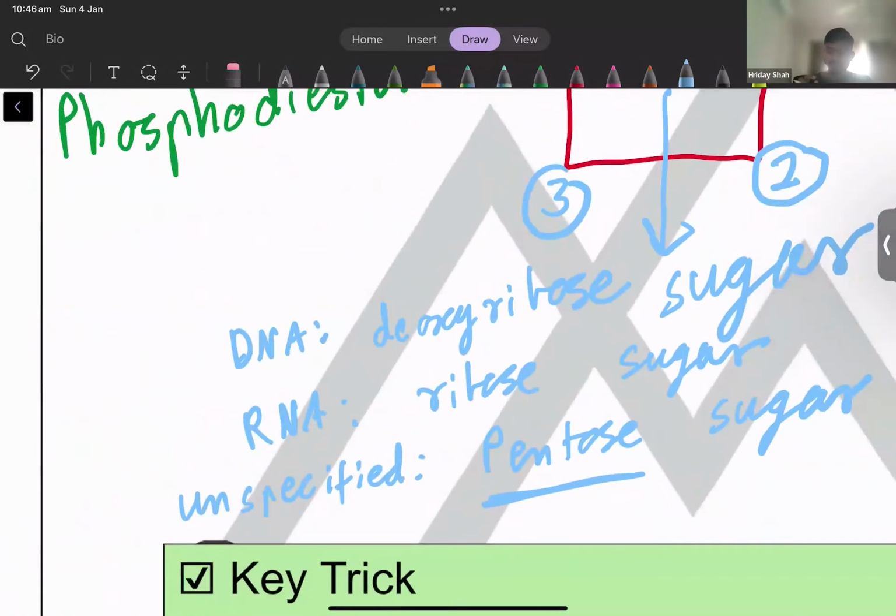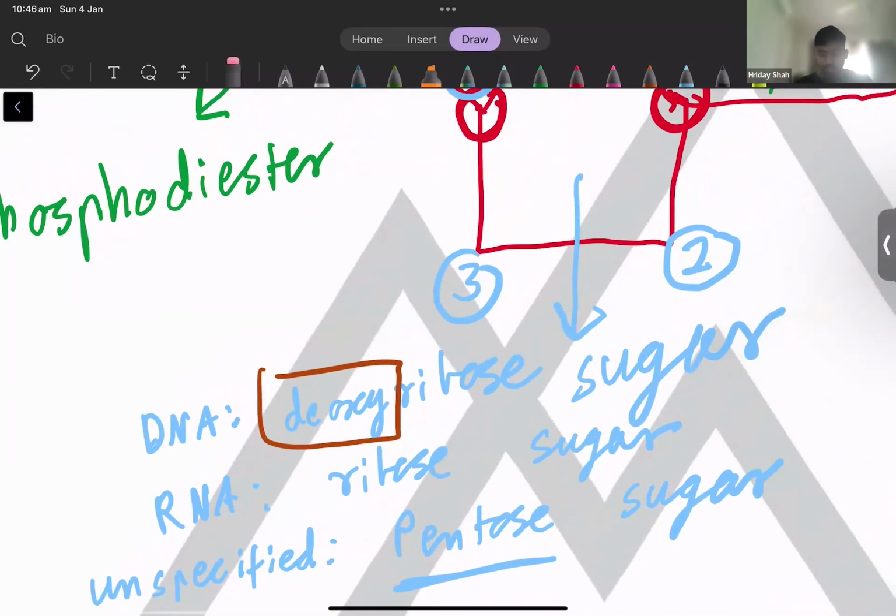Now, if you look at the difference between DNA and RNA, ribose sugar versus deoxyribose sugar, can anyone tell me what this prefix deoxy means? It means a lack of oxygen, right? Yes. So de means lack of, oxy stands for oxygen. So DNA or deoxyribose is just RNA with one less oxygen.